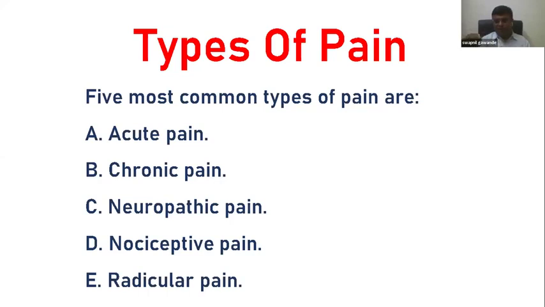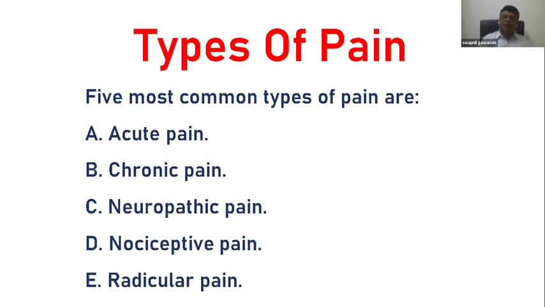For example, there is a swelling, or there is some unknown insect bite, and that sensation of pain we call nociceptive pain. And radicular pain, which we have discussed earlier, is pain which radiates from the cervical or the lumbar or any segment of the spine to a distal part.